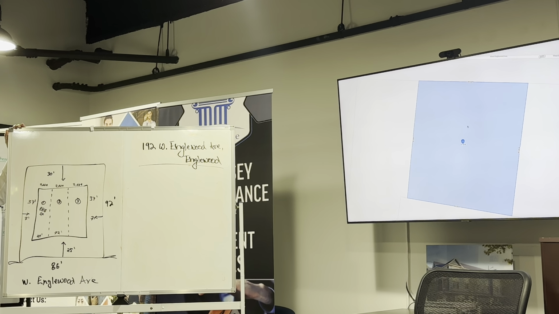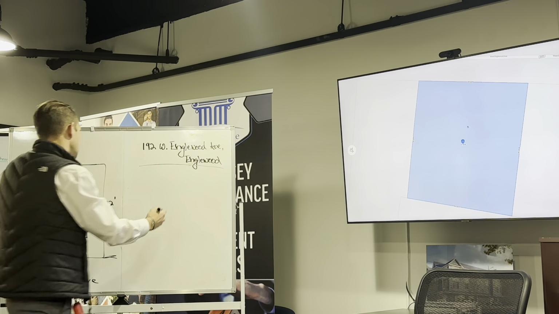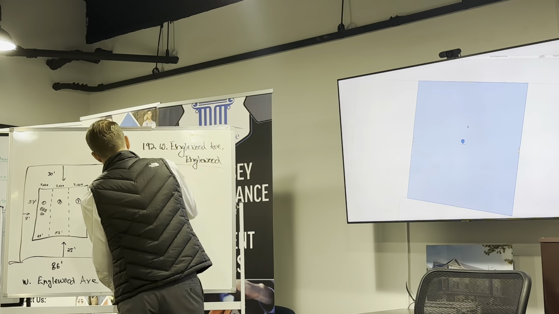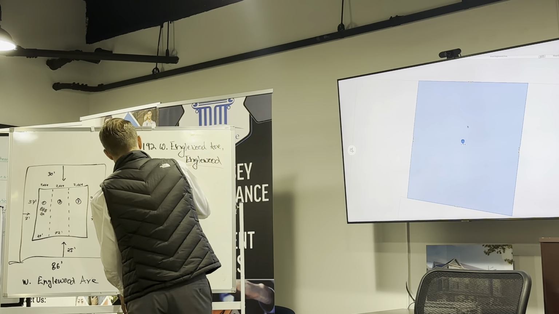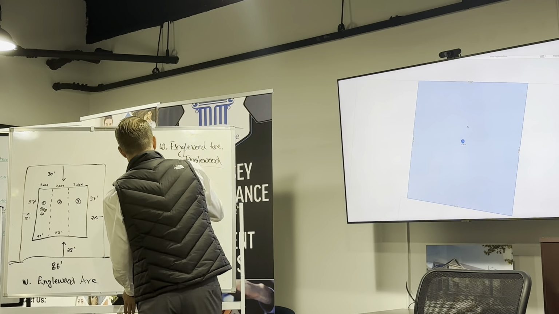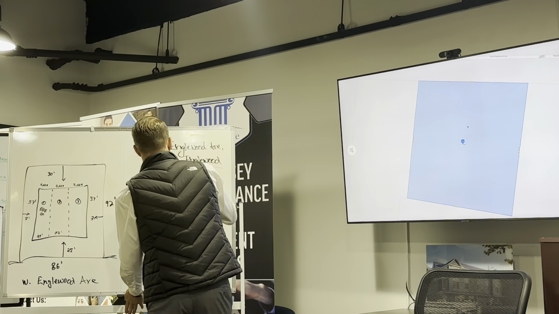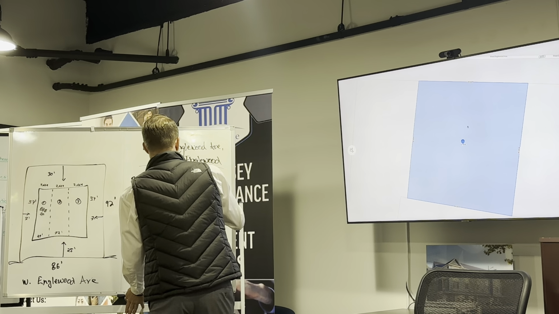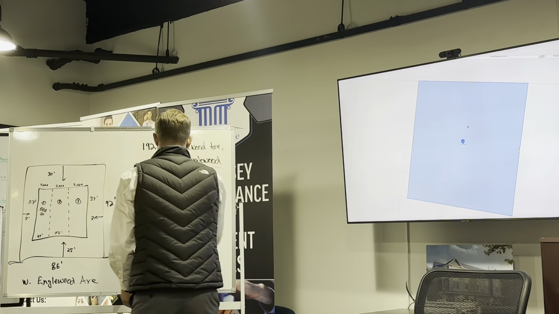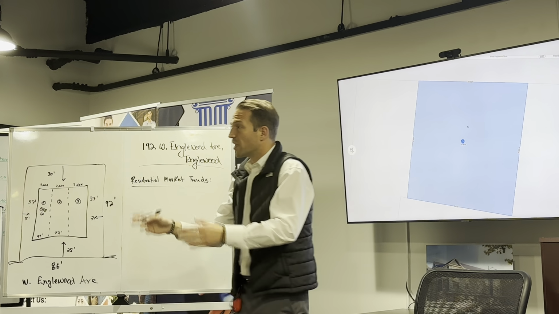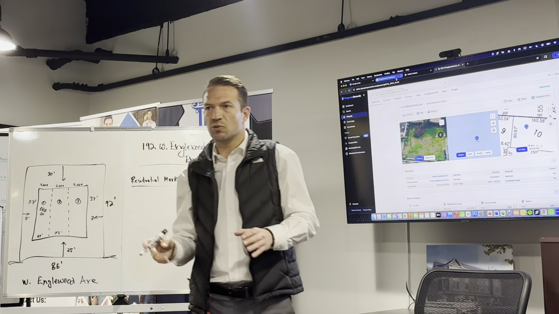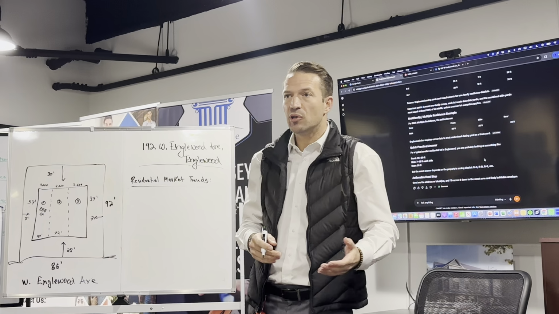Now we have to understand, if this is possible, how do we figure out what the price is? So let's start talking economics: residential market trends. What we need to do right out the gate is find out the price per square foot that the neighborhood is selling for.